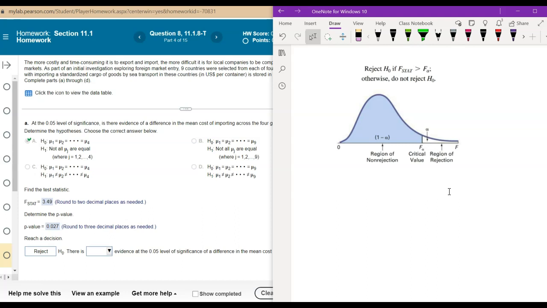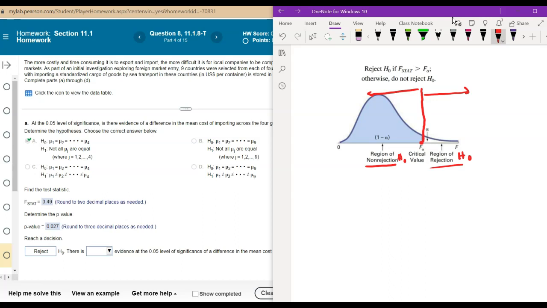Let me try to explain it rapidly here. This is where the F alpha is lying. The right side is considered the rejection zone, and the left side is considered the no rejection zone, right? So always we are talking about H0 here: reject or do not reject H0.